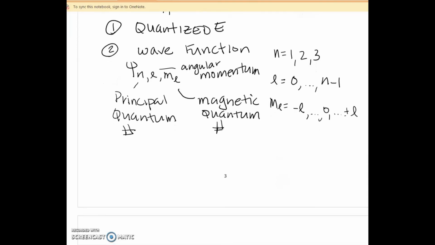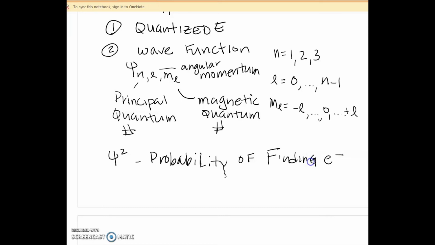So what do the wave functions tell us? Well, if we take our wave function and square it, this gives us the probability of finding an electron.